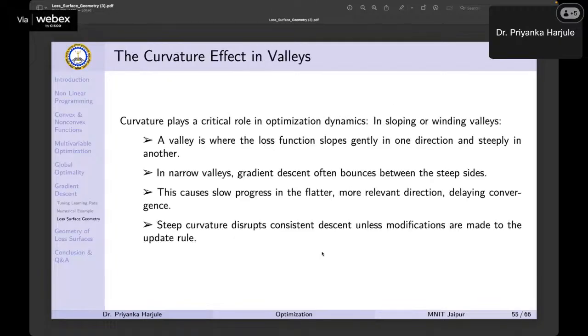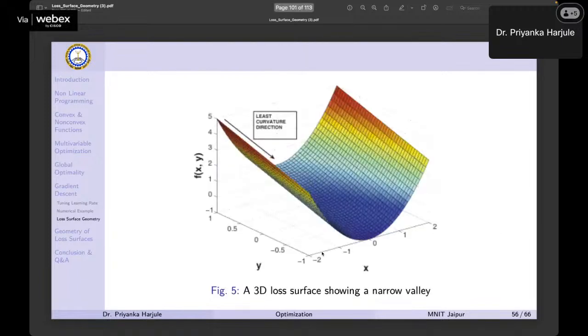The specific effect of curvature is particularly evident when we encounter loss functions in the shape of valleys also. This is equally a dangerous topography for a gradient descent method, particularly if the bottom of the valley has a steep and rapidly changing surface, which creates a narrow valley as seen here.